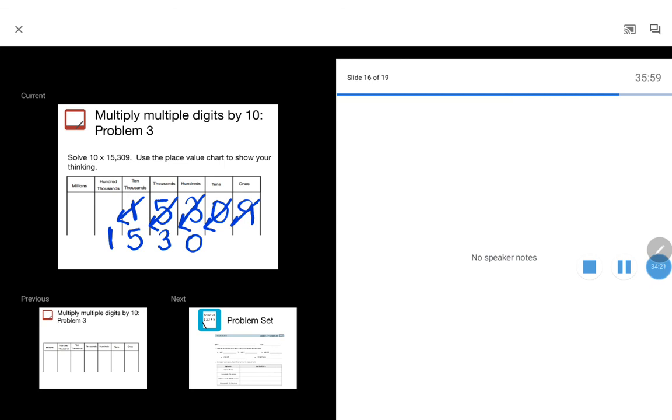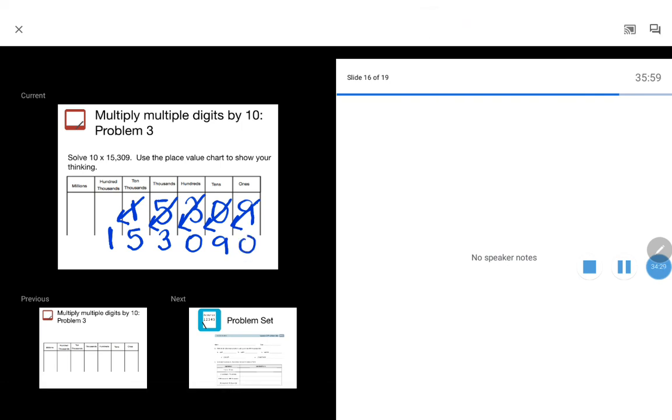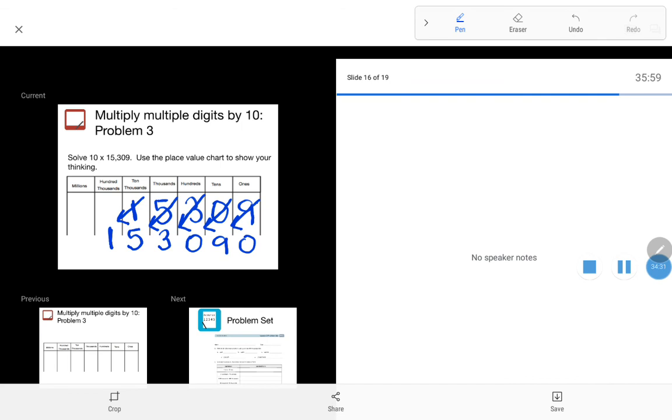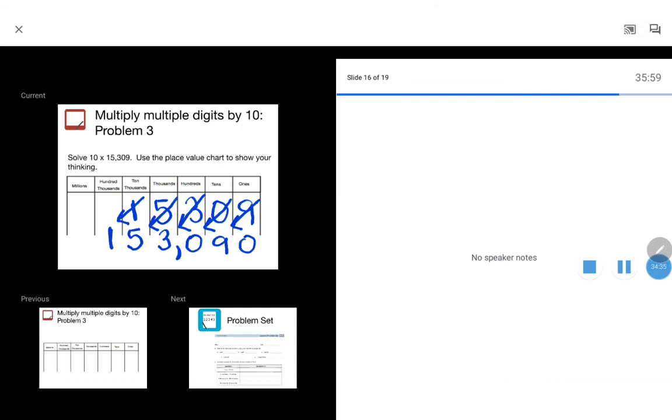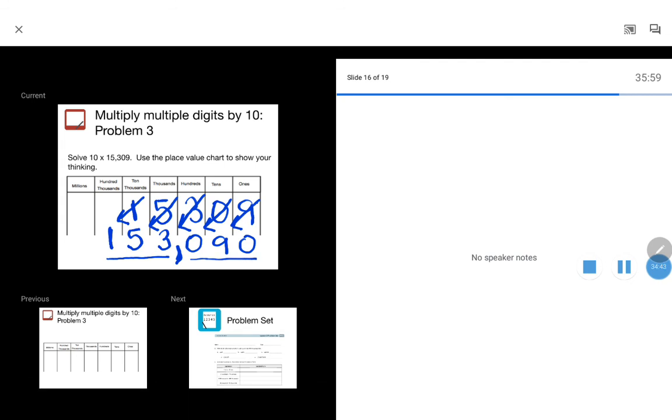The 9 ones becomes 9 tens. And what do I put in the ones place value? 0. Where does my comma go? After the 3. So let's read that number together. 153,090. Very good.